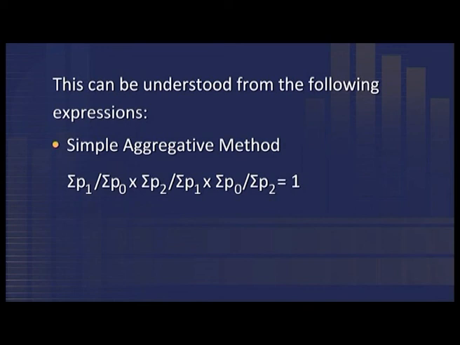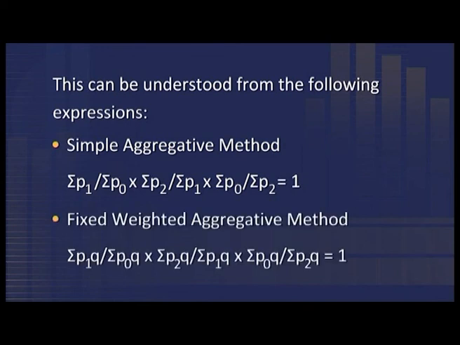Similarly, when applied to the fixed weight aggregative method, we will get summation P1Q by summation P0Q into summation P2Q by summation P1Q into summation P0Q by summation P2Q is equal to 1.